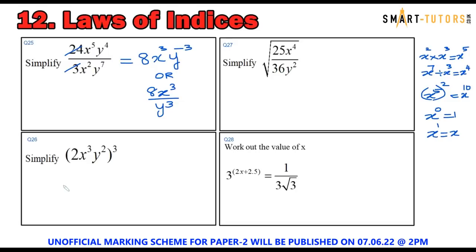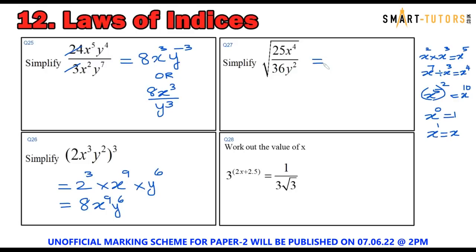Next question number 26. This 3 belongs to 2 to the power 3 times x to the power 3 times 3, 9, times y to the power 2 times 3, 6. So the answer is 2 to the power 3 is 8, x to the 9, y to the 6.